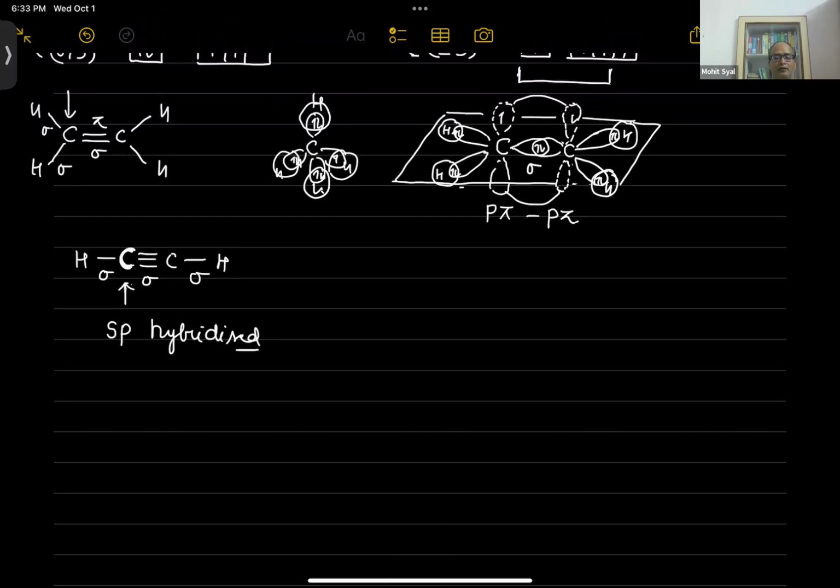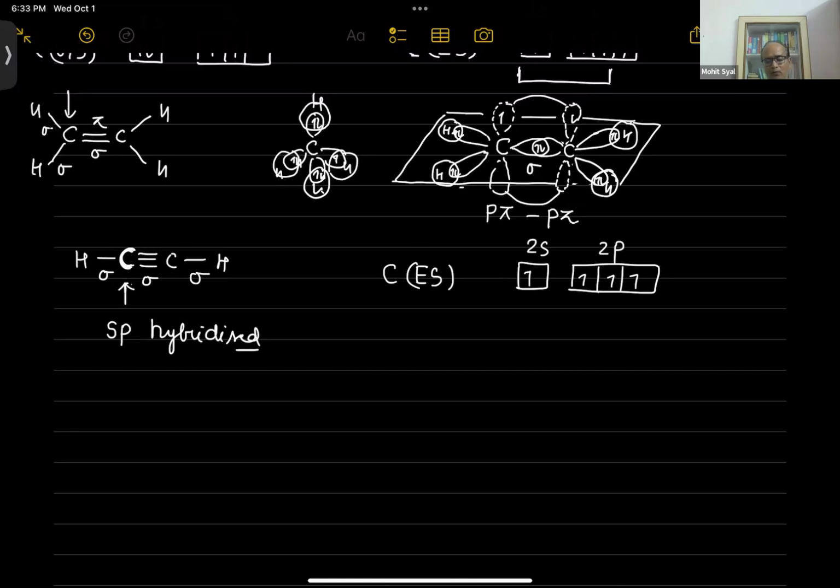Is it clear? If you try to look at how it may have happened, we can easily draw. I'm directly writing the carbon in the excited state, as you already know and studied in chemical bonding. I need to make 2 sigma bonds.